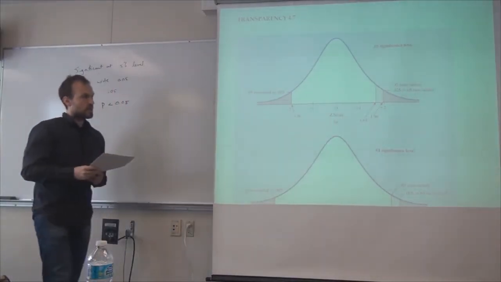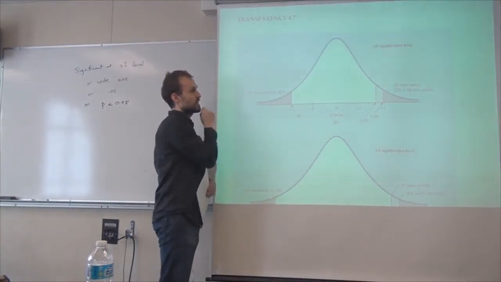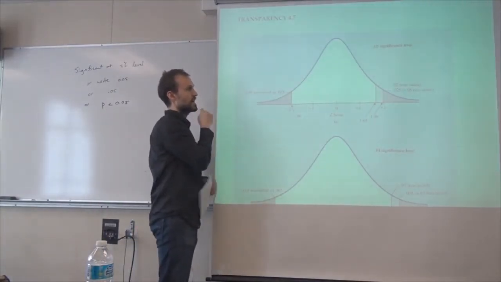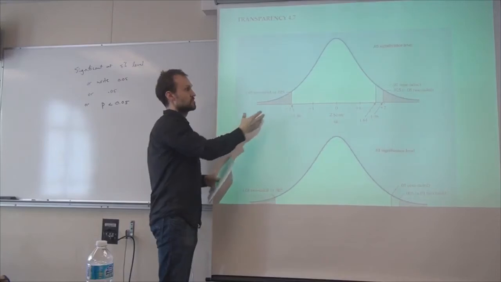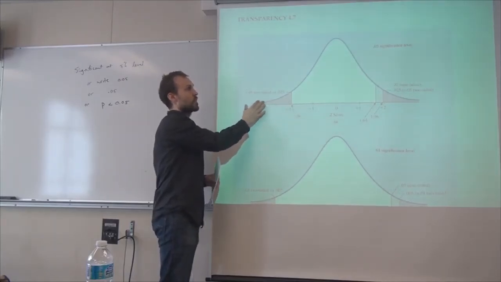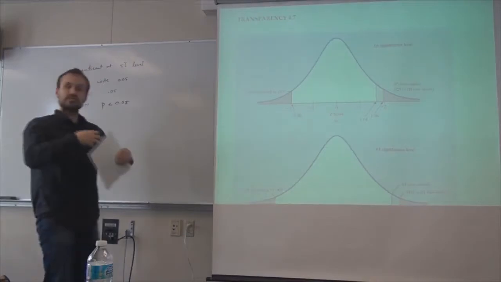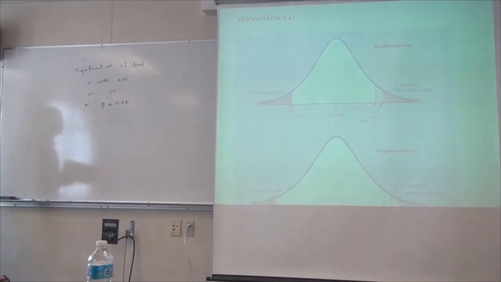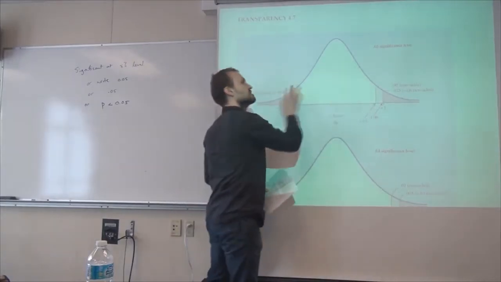If it's different, then if I still use a 5% significance level, I now have to split that up into two pieces to cover when my sample is far to the left, but also far to the right. So now I'm dividing the 5% into 2.5% pieces to cover each side.